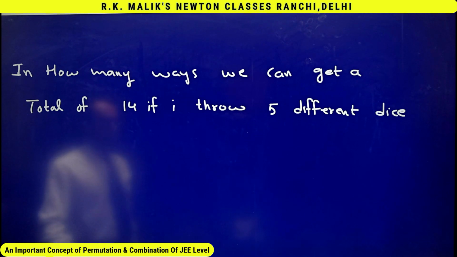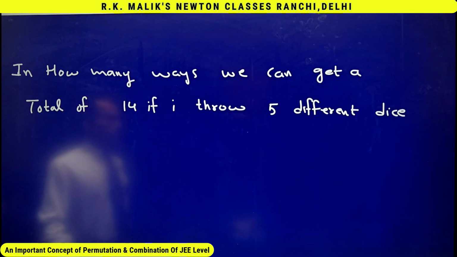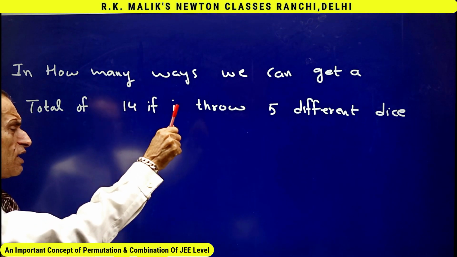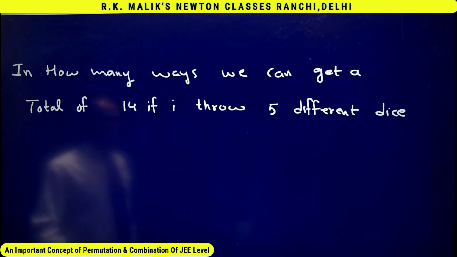That question I will do by a way, and the benefit of that way will be that with the help of that way you can do any question for any number of dice. That is, even if the 5 dice are 5 or 7 or 10, it makes no difference. It will be very easy to calculate.